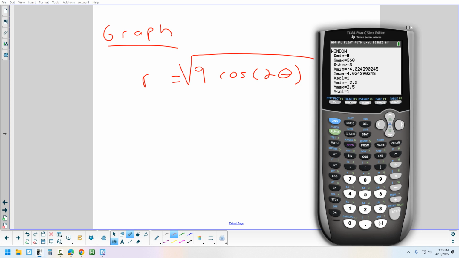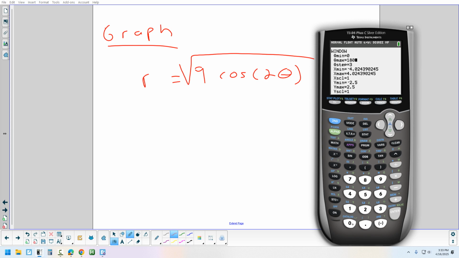The period of cosine theta is 0 to 360. But what's cosine 2 theta? 180. Remember, the formula is 2 pi over b. In this case, it's 2 pi over 2, or 360 over 2. So if we go 0 to 180, I think we should get the full picture.